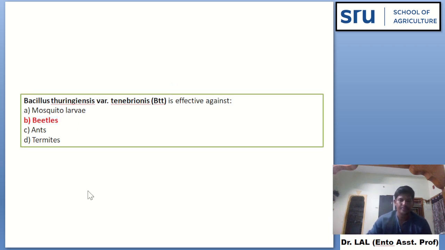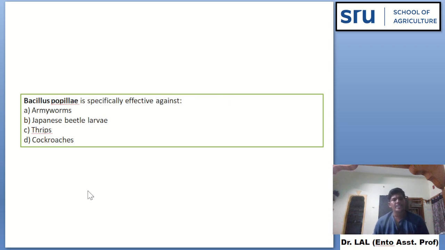Bacillus popilliae is specifically effective against armyworm, Japanese beetle larvae, thrips, or cockroaches. Bacillus popilliae is specifically effective against Japanese beetle larvae.